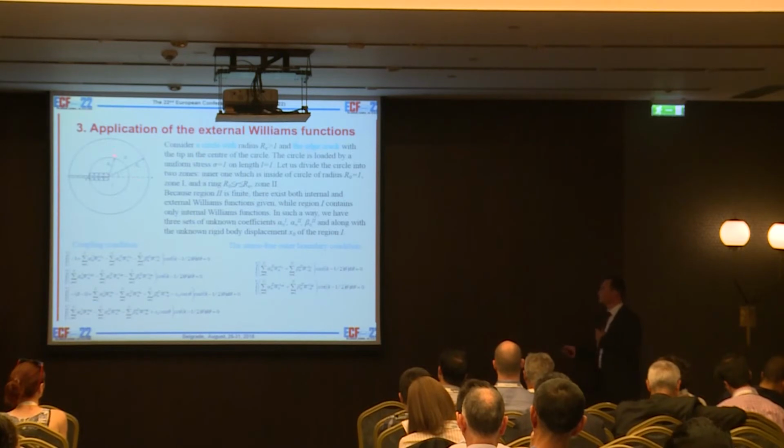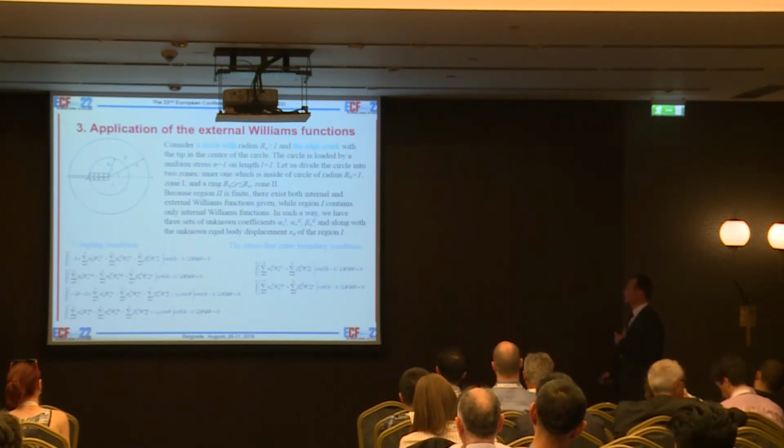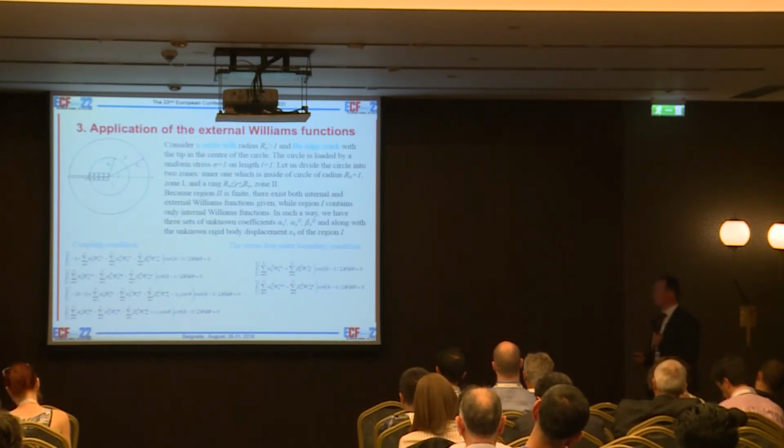the ring, but the infinite ring. So again, we have two regions. The first one where we have only internal Williams functions, and the second region where we have internal and external Williams functions. Thus, we have two sets of unknowns which should be defined from our equations.